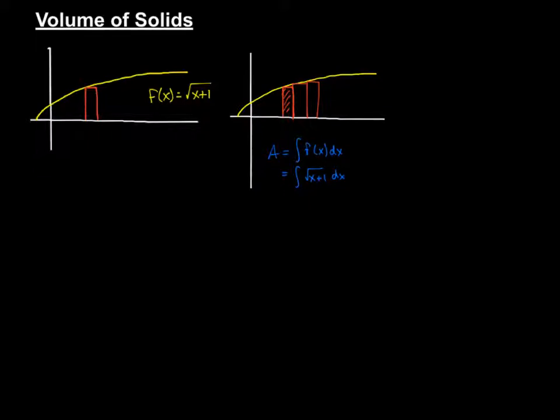So what we're going to talk about is what the volume would look like if we were to rotate it about an axis. Say, for example, we took this graph and we rotated it about the x-axis. What would that look like? We're going to take this line and spin it around the x-axis.